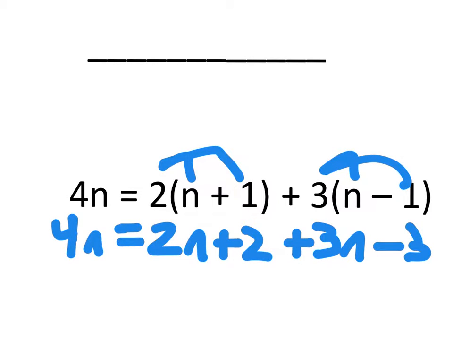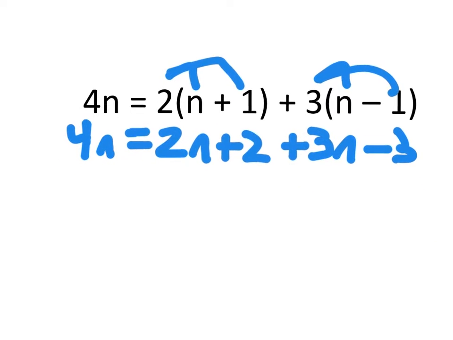On the right-hand side of our equation, I have variables 2n and 3n. They are on the same side. So our rule of what we used to do with this still applies. Before I interact with the other side of my equation, I need to combine these like terms.